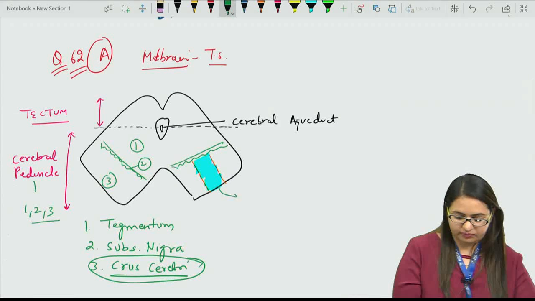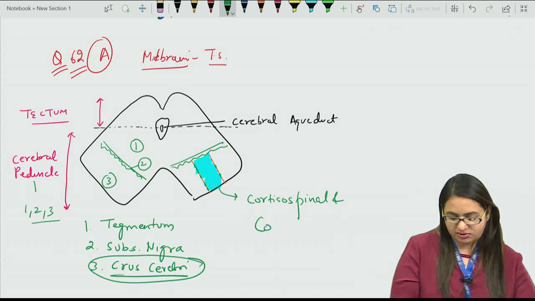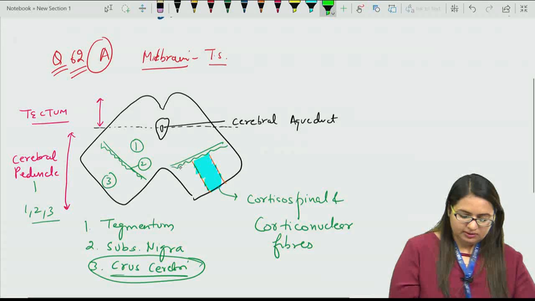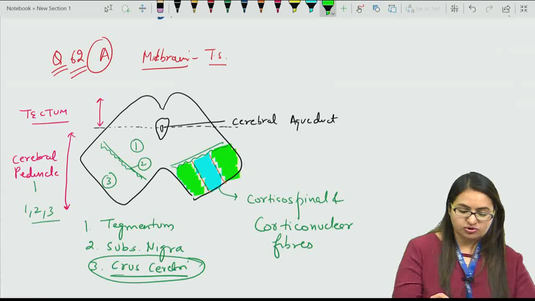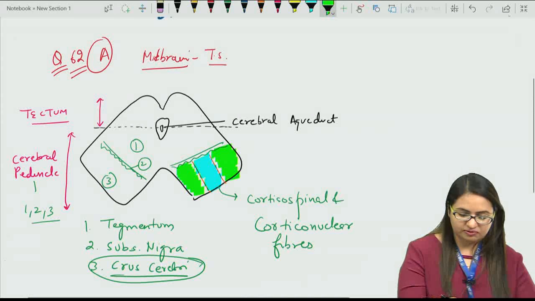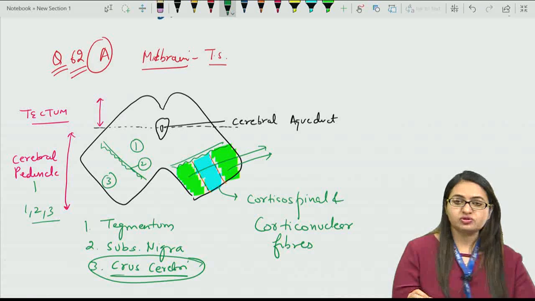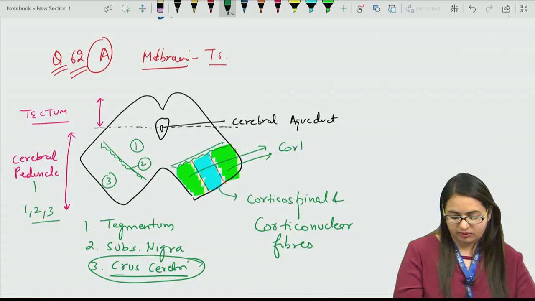Towards these other portions of the crus cerebri, the corticopontine fibers are running, which are coming from the different portions of the cerebrum.